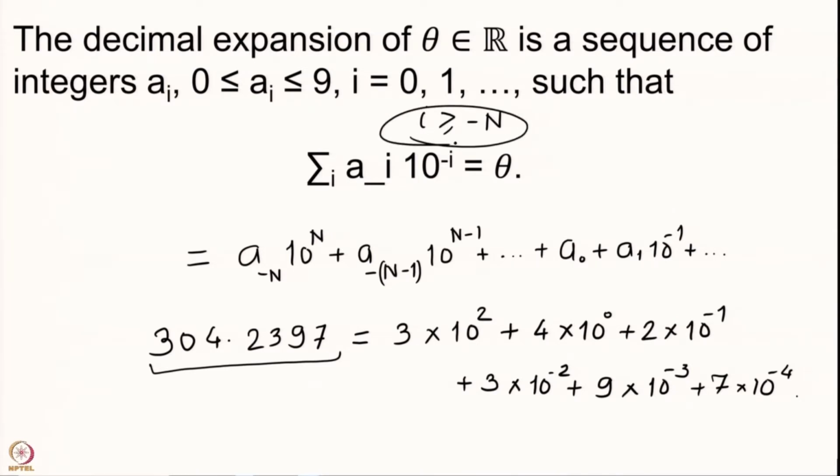And this is again easy to construct because remember the sequence of rationals that we had constructed in the last lecture. Here what we do is that you first of all look at the largest integer less than or equal to your theta, the integral part. This integral part can of course be written as a sum of certain powers of 10 multiplied by some integers from 0 to 9, just as here in the example we have written 304 to be 3 into 100 plus 4 into 1.